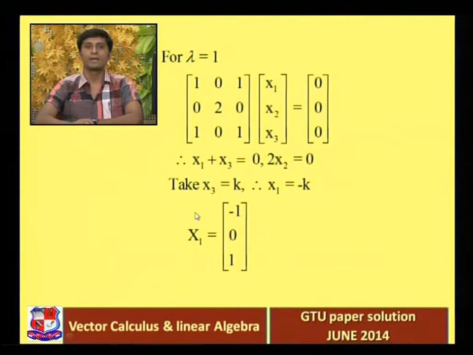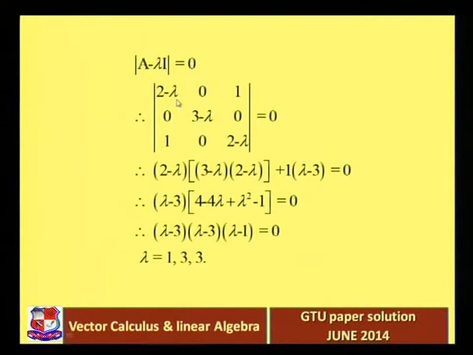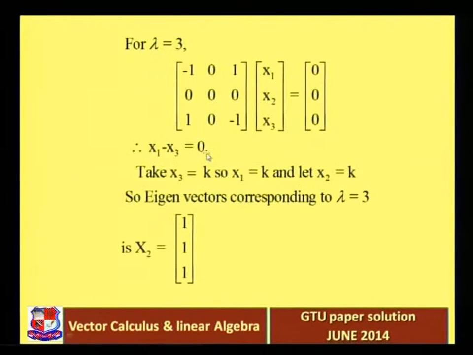Now we want to find the eigenvector corresponding to lambda is equal to 3. So put lambda is equal to 3 in the previous step. When we put lambda is equal to 3 in this equation we get minus 1, 0, 1, 0, 0, 0 and 1, 0, minus 1, times x1, x2, x3, is equal to 0, 0, 0.